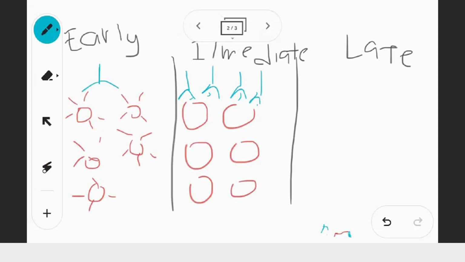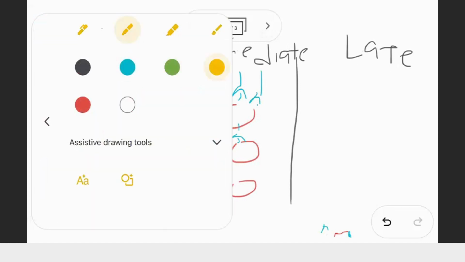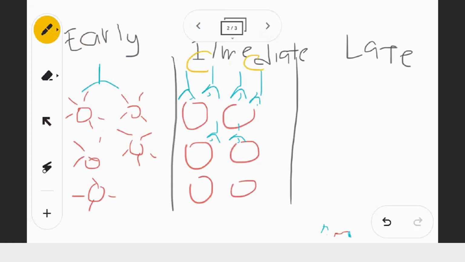So in this case, complement can fix it, right? Two IgG there, right? So what about during the late stage? What do you think? Which is more?